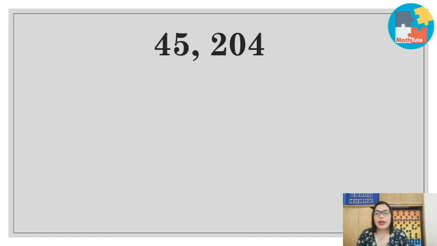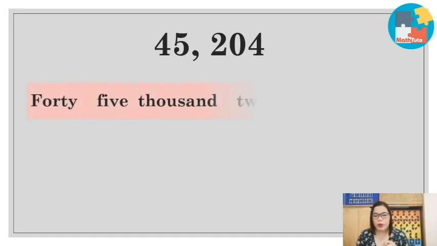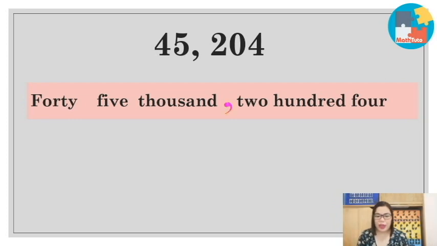Okay? So let us have 45,204. We're going to write this one in words, and we're going to place the comma that separates the periods after the number 5. It's already given in the problem, so there we put our comma. Now we're going to write the hyphen.